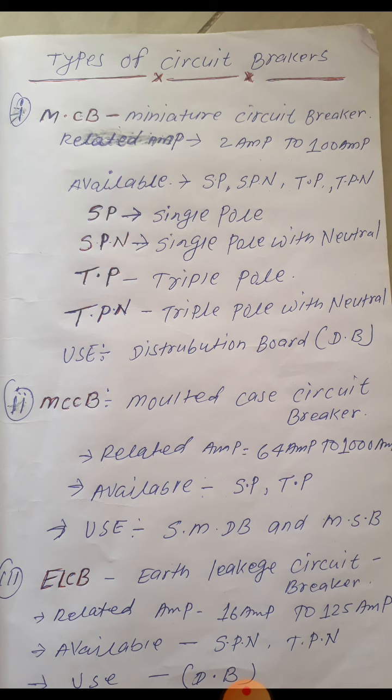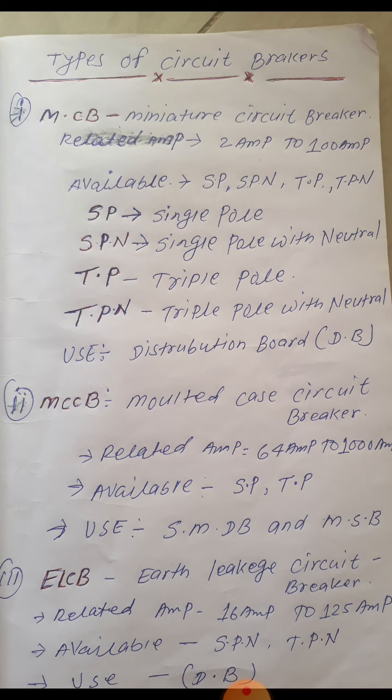Models of the MCB. SP means single pole, SPN means single pole with neutral, where phase and neutral are both connected. With SP, only the phase is connected, and neutral goes to the neutral bar. The DB has a separate phase pole, neutral pole and earthing pole.